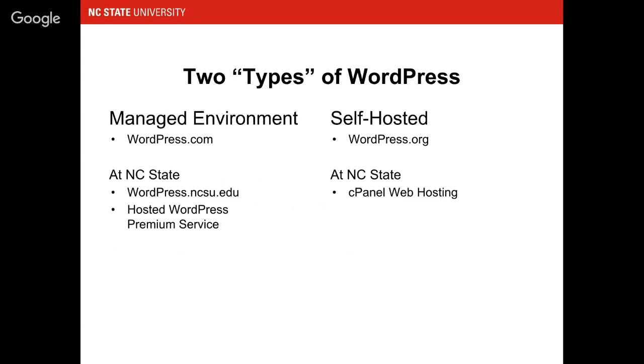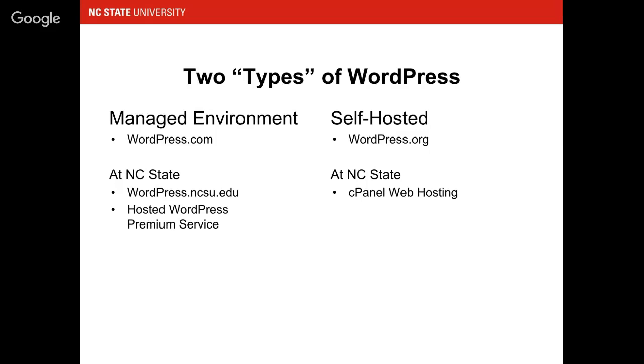So when we talk about WordPress, we can sort of be talking about two types, quote unquote, types of WordPress, which are managed environments and self-hosted environments. So you might be familiar with WordPress.com, especially if you've used it outside of the university.